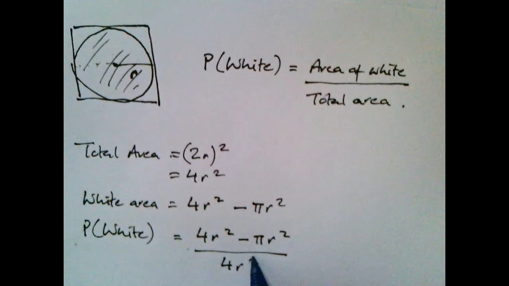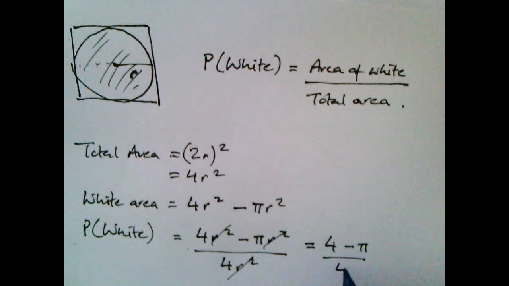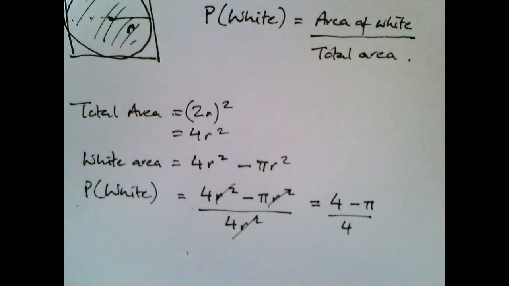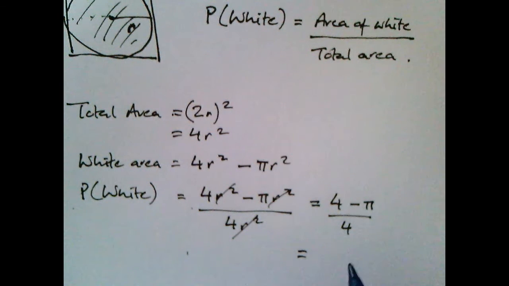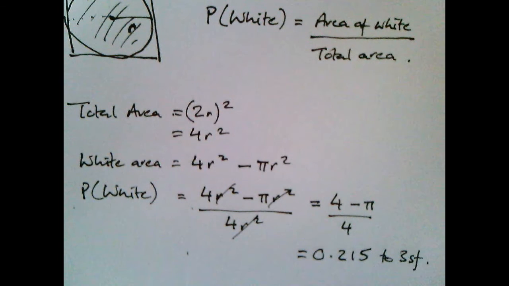And you can have a common factor here, which is 4 minus pi over 4. Give your answer to 3 significant figures. Okay, let's go calculator. Okay, I make that 0.21523. There's your probability.